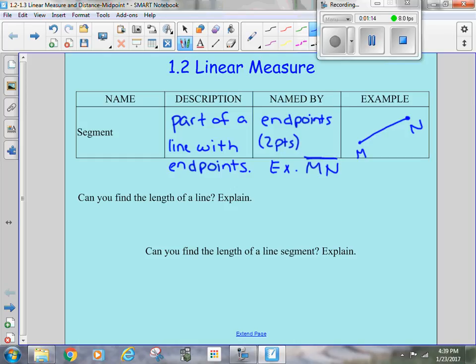So can you find the length of a line? Yes or no? No, you cannot. Why not? Because it extends indefinitely in both directions.